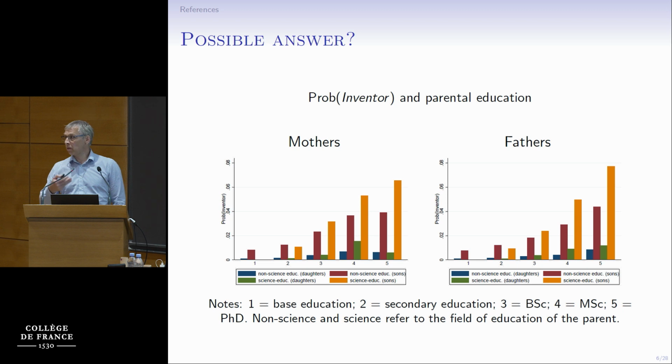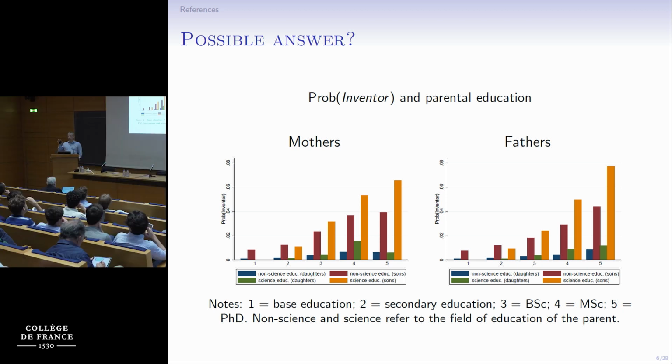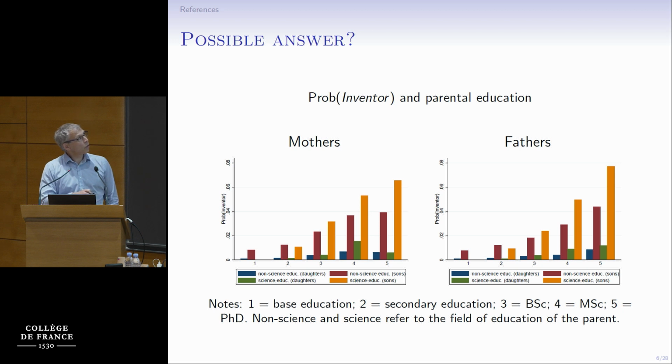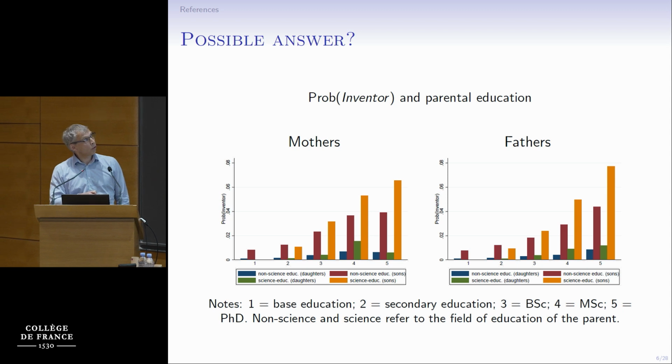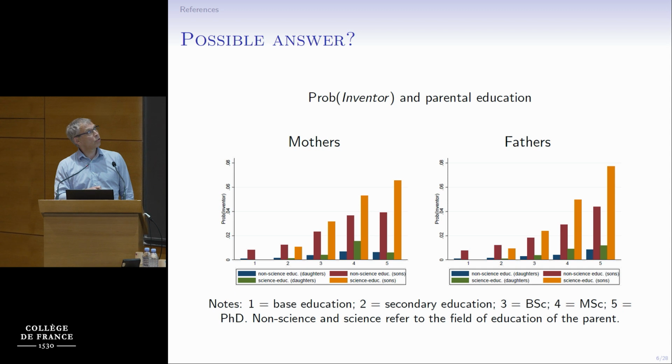That's the probability of a son becoming an inventor. By the way, for us, an inventor is somebody who has a European patent in this paper. You can see that the bars are growing. The orange bars are for the sons of mothers who have a science or STEM PhD or STEM master's, and the red ones are for non-STEM education.